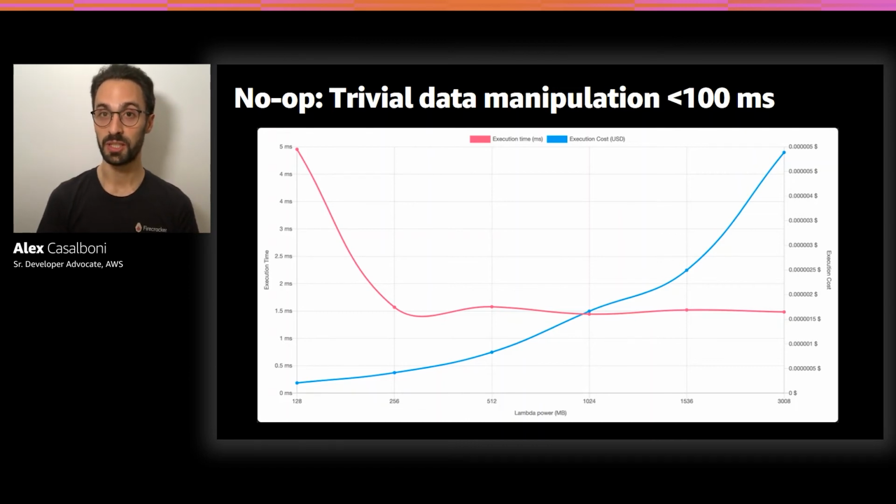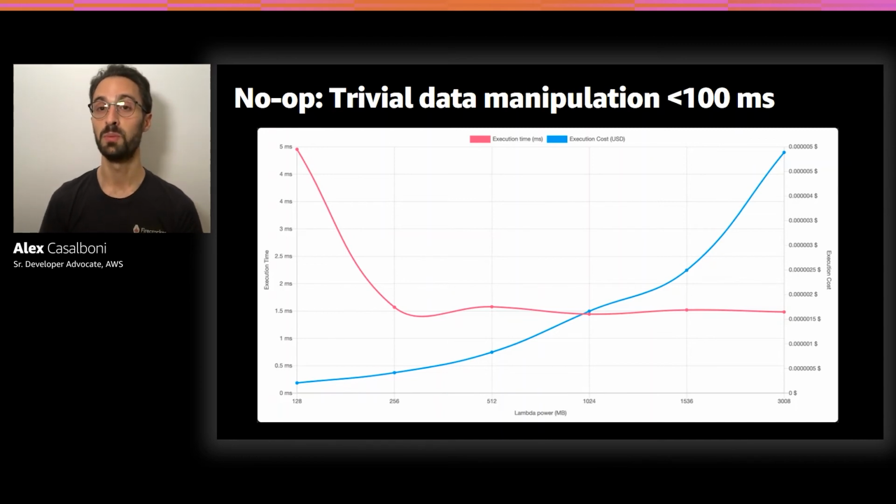So it's interesting to see that if you move from 128 to 256 megabytes of memory, you can sometimes see a pretty interesting improvement in latency, in execution time, maybe from 5, 10, or 20 milliseconds down to 1, 2, or 3 milliseconds.